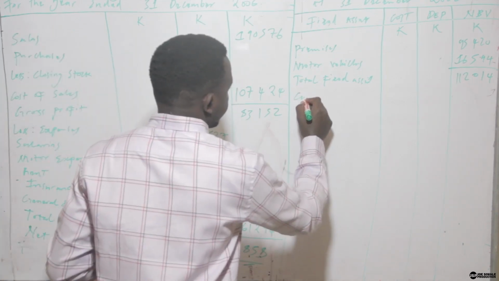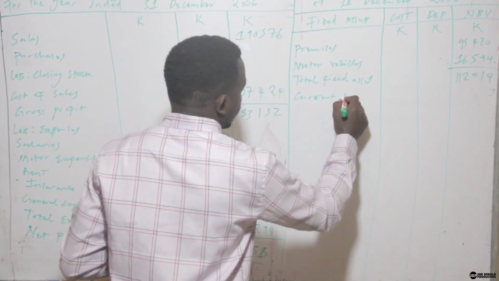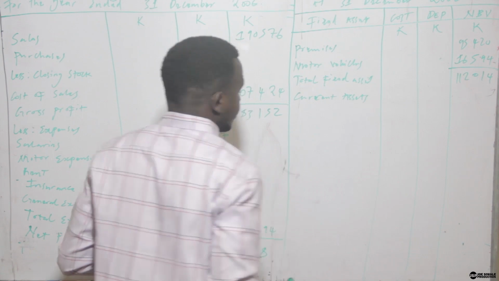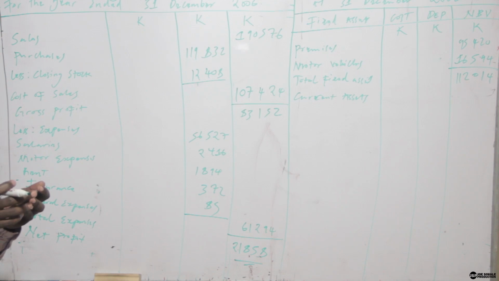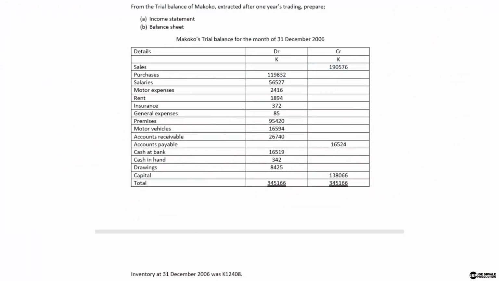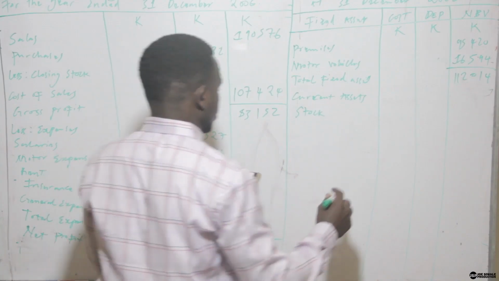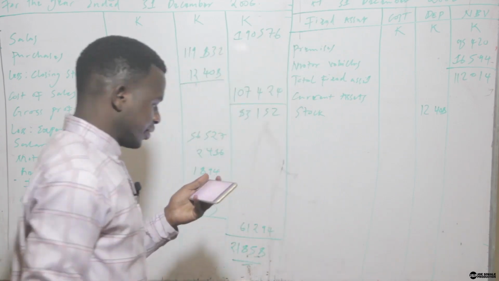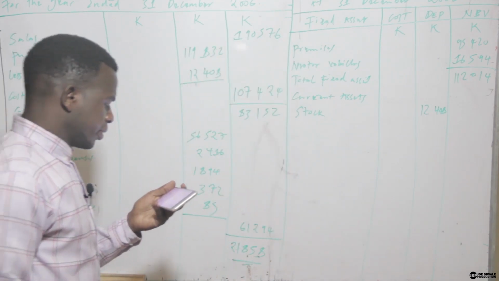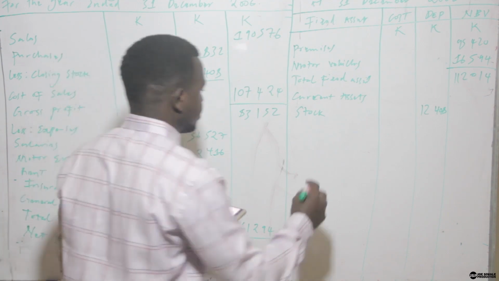Then we can say current assets. And for the current assets, let us identify the current assets that we are having in the trial balance. So for the current assets, we are having our stock. In this stock, you must record closing stock. So we're going to have stock there amounting to 12,408. Then the other current assets that we are having in the trial balance, we are having accounts receivable.